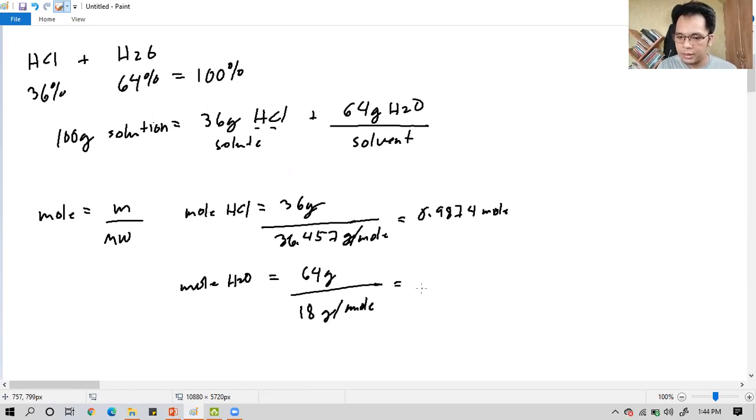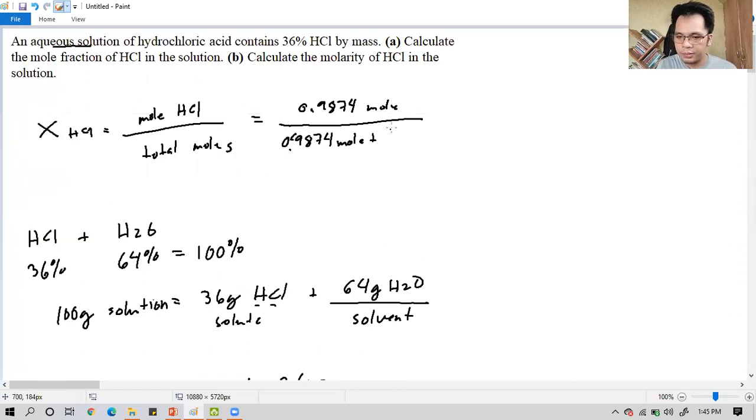So the grams cancel, yielding a unit of moles. The value is 64 over 18, which is 3.555555. I'll round it off for significant figures: 3.555 moles of water. Actually, you can now add them together to get the total moles here.